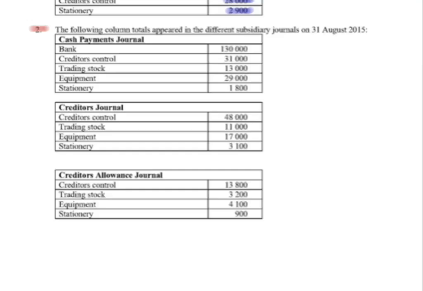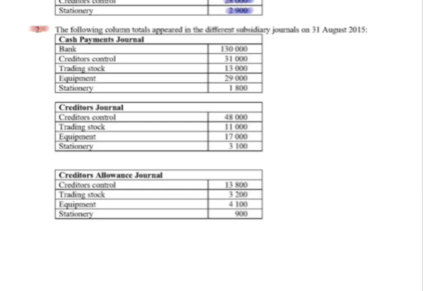Now the second part of this question asks you to take the journals that were provided and post them to the general ledger. Remember, the journals we've been provided only have the necessary information to complete the 4 accounts asked, so they aren't in balance because there's some information missing. When I look at these journals, it doesn't matter which journal, it always has a main account.